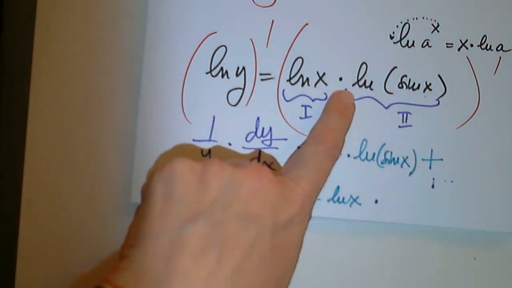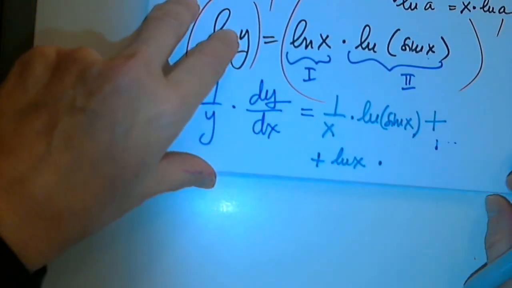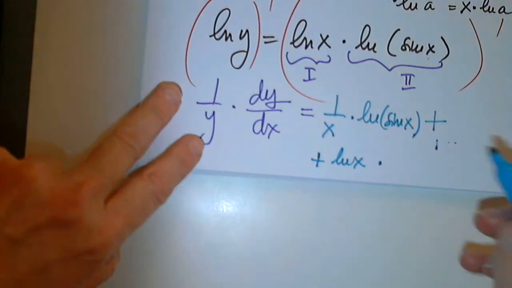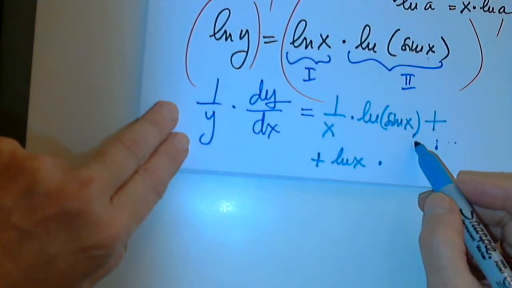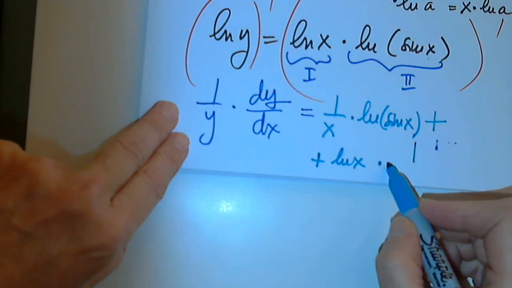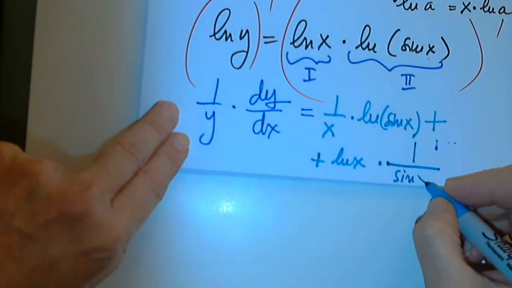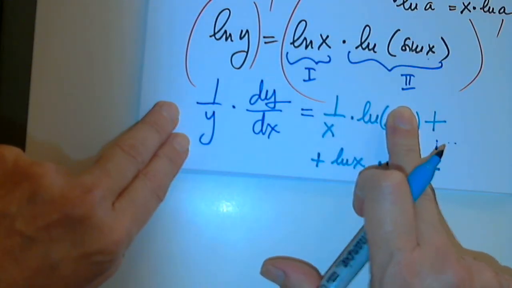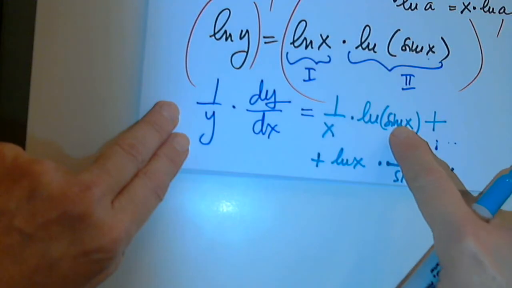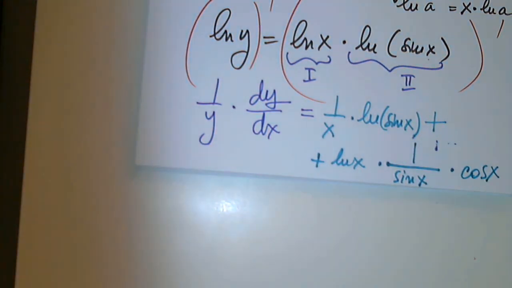Now I have natural log of a function to differentiate. How do I write this? Aren't you going to use the chain rule? Yes. So natural log of something prime is 1 over sine times, exactly, thank you, times cosine, the inner function prime.